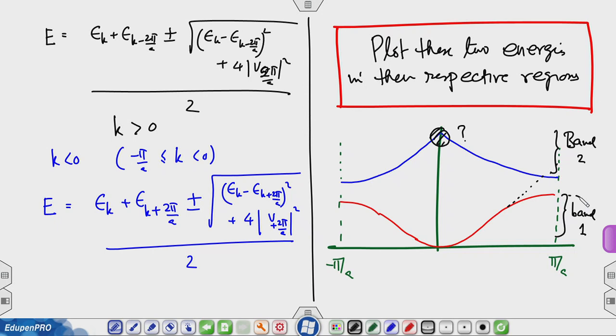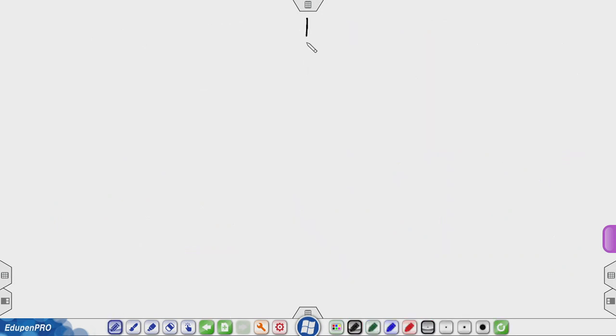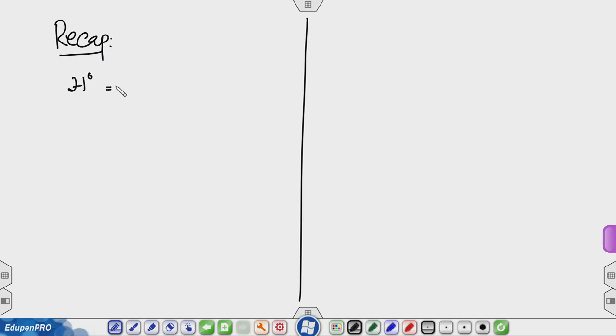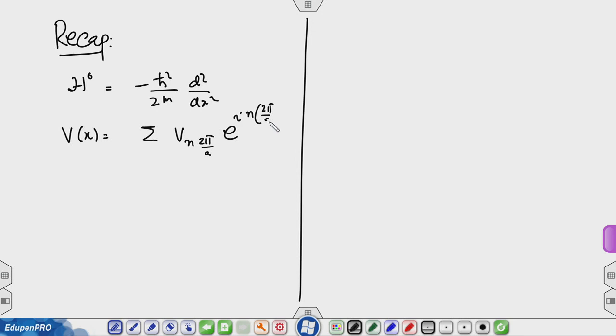Just to recap, we took the zeroth order Hamiltonian to be minus ħ² over 2m d²/dx², and the potential to be a periodic potential, the sum of V_n e raised to i n 2π/a x. We have taken V0 to be 0.